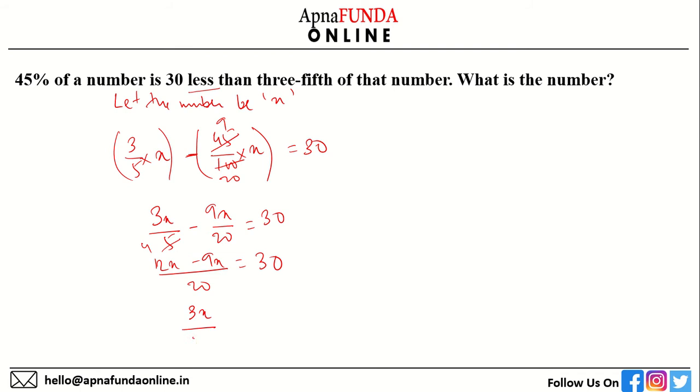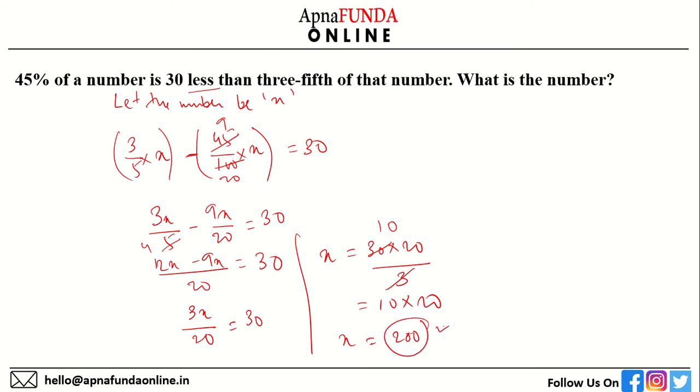So 3x by 20 gives us 30. So x is equal to 30 into 20 divided by 3. x is equal to 10 into 20. So x is equal to 200. This is my answer. I hope you have solved along with me and this is the answer that you have got.